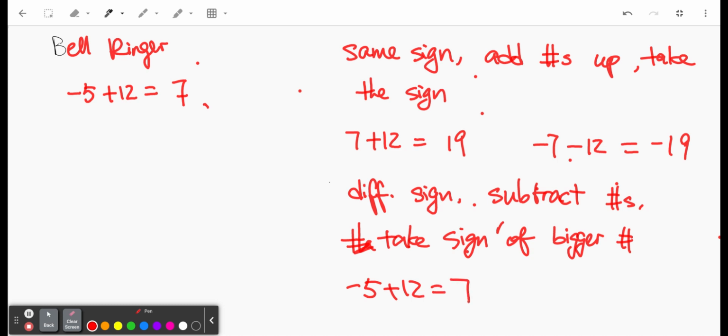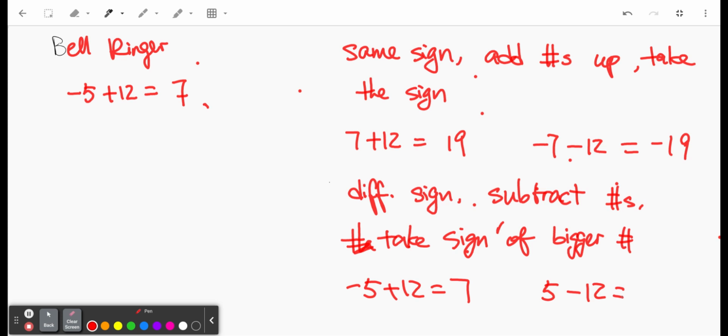But if you have a question like 5 minus 12. So 5 is positive or negative? Positive. Okay. So 5 is positive. And 12 is what? Negative. So, Max, what do we need to do here? Do we add or subtract these two numbers with different signs? If you have different signs, you do what?